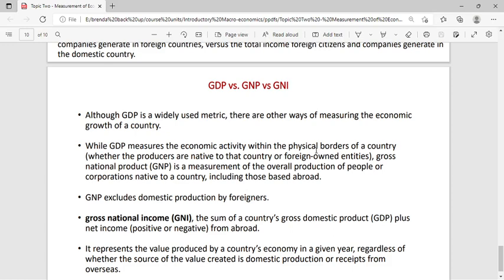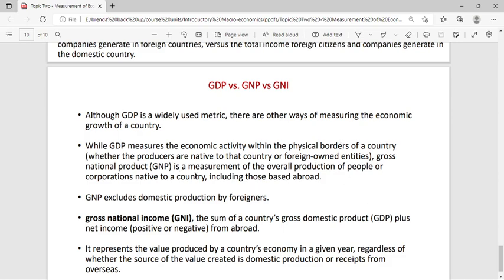So this is regardless of whether the products are produced by nationals or foreigners, but as long as they are within the borders of a country, all that is produced is GDP, or is considered when calculating GDP.